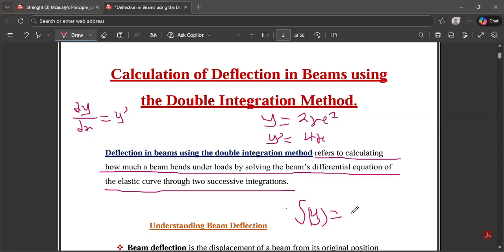So that is going to look like 4x exponent 2 all over 2. At the end of the day, we are going to get our 2x squared again. So this is a proof that integration is the reverse of differentiation.